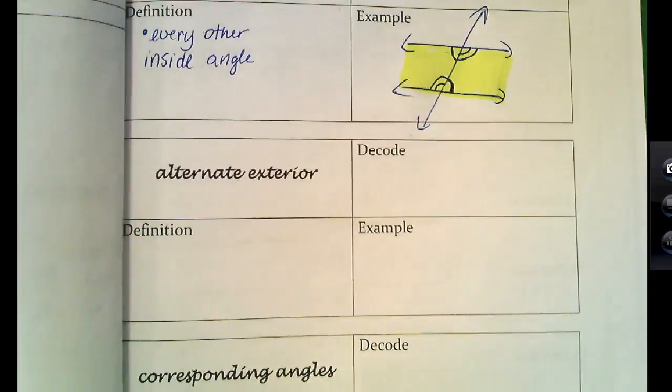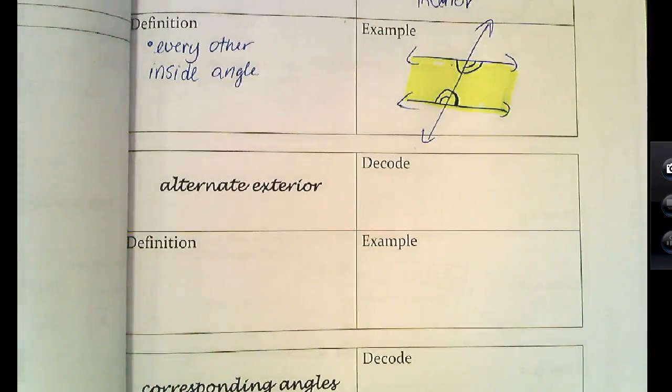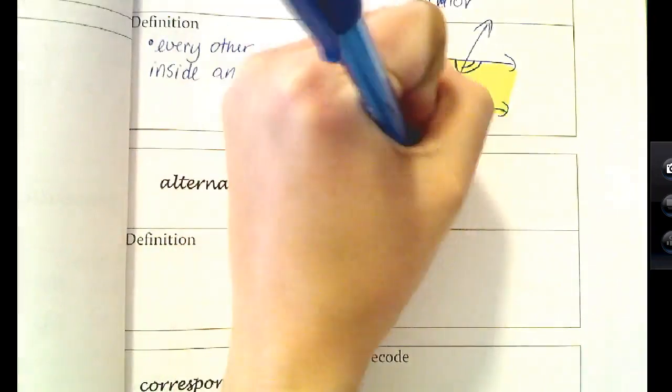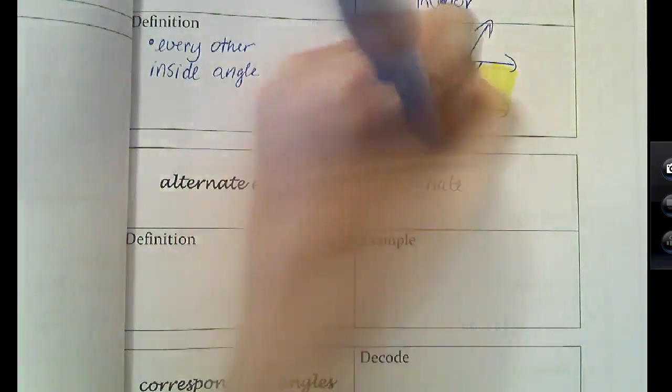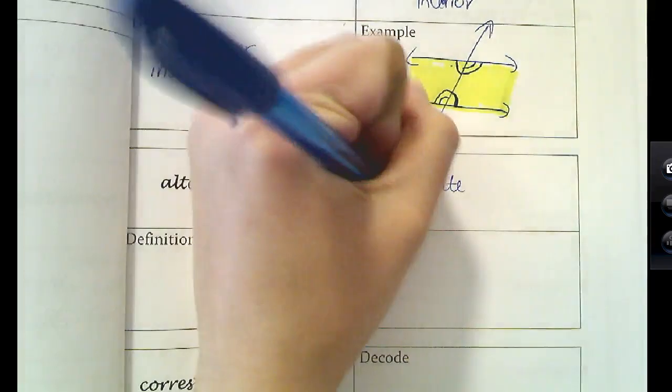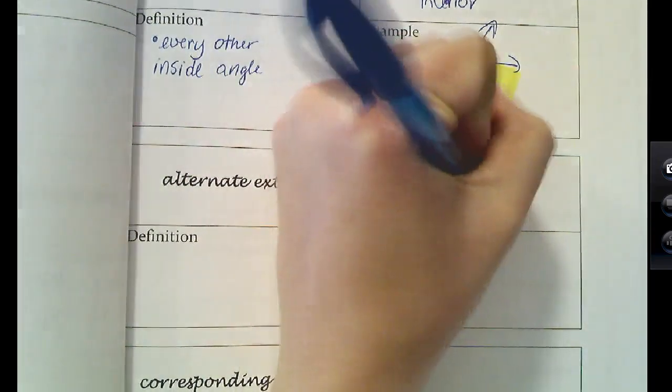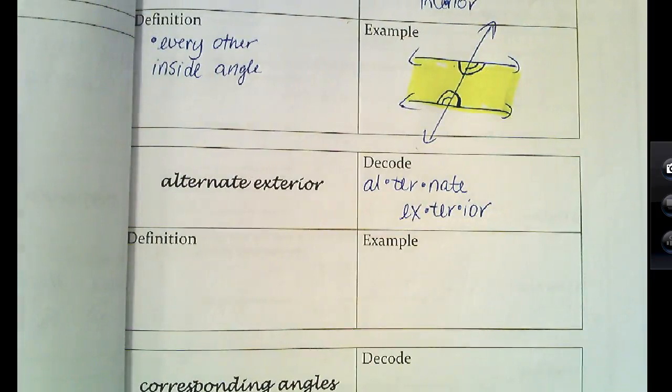All right. Go ahead and decode alternate exterior for me. What's that? Yep, very good. You're exactly right. So we're doing alternate exterior.